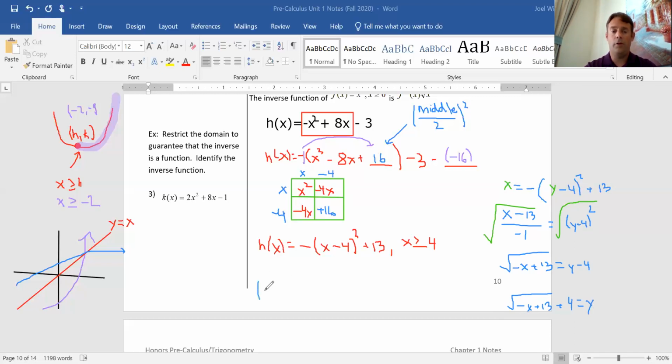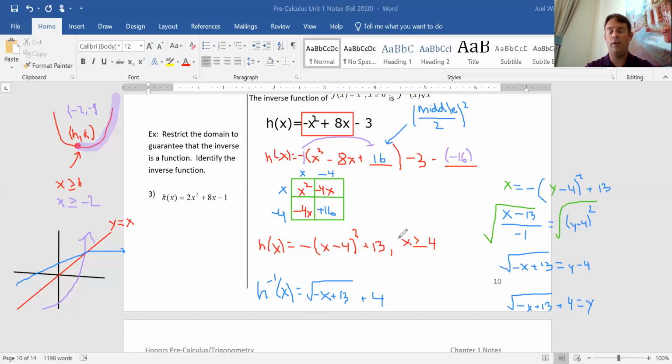So that will be our inverse function. So now we write it with our inverse notation like so. Like that. Ta-da! All right.